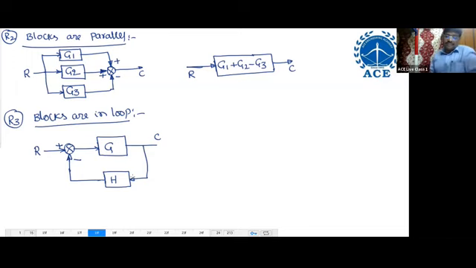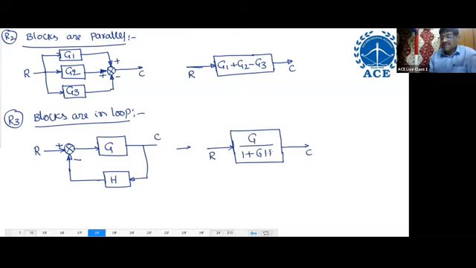I already told you. G by 1 plus GH. This is blocks in a loop.